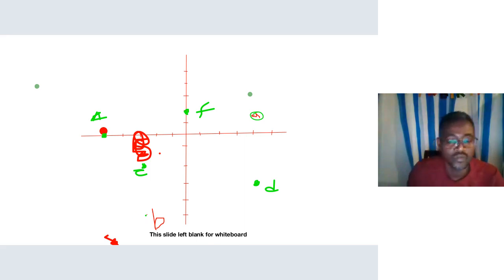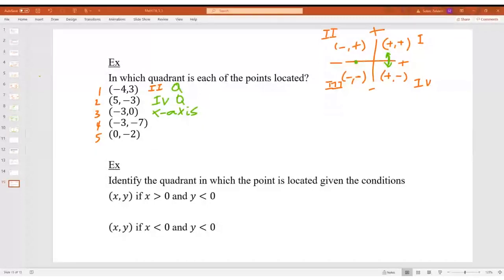So this is what we are working on. Okay, good. Excellent, Norma. -3 and -7 is in quadrant 3. So this is quadrant 3.